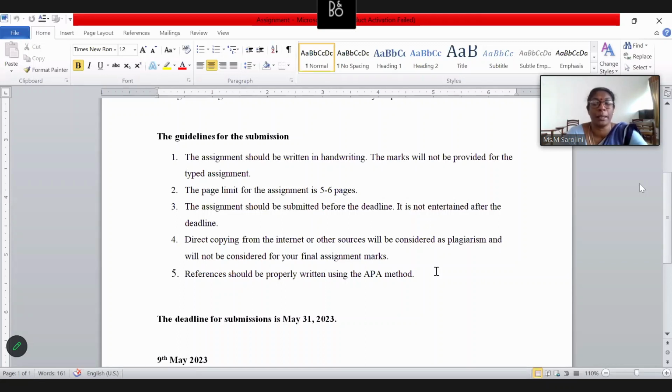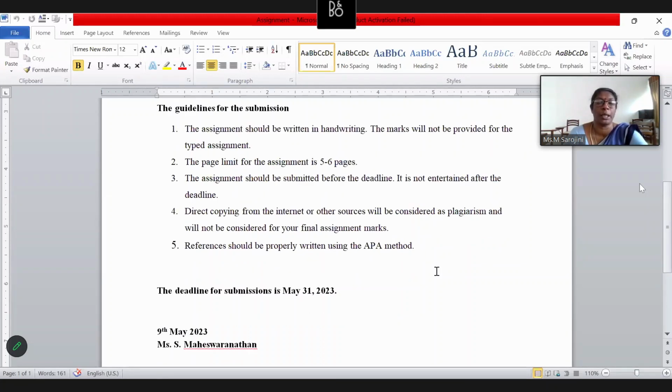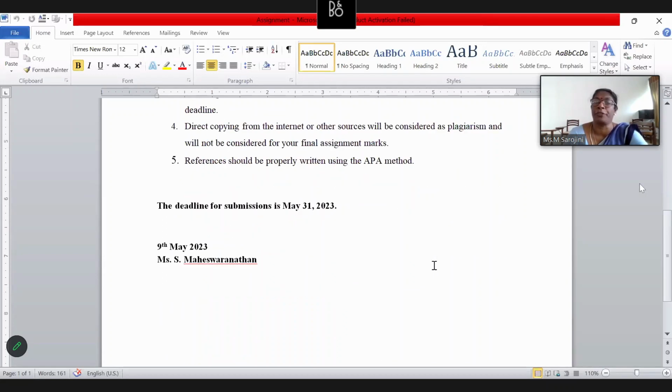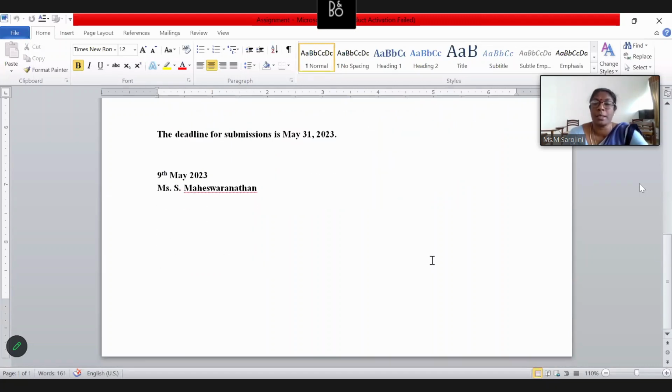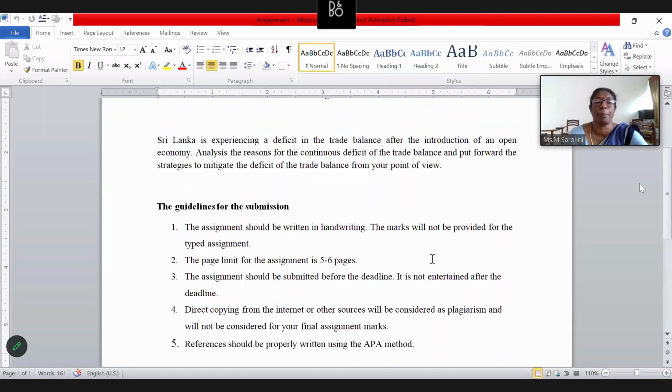And the last one is the references should be properly written using the APA method. These are the guidelines to submit your assignment, and the deadline is May 31st this month, right?